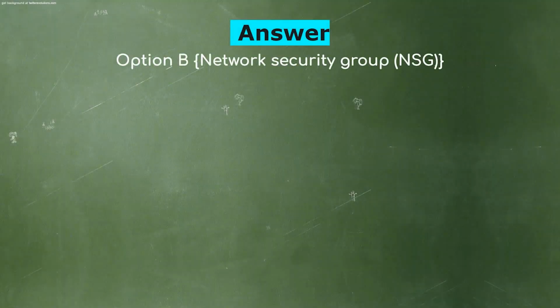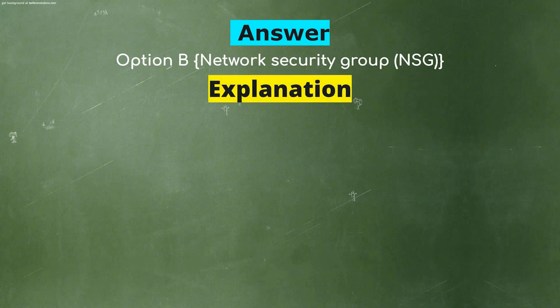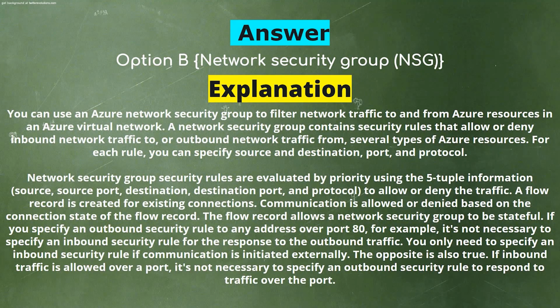Network security group. Explanation. You can use an Azure Network Security Group to filter network traffic to and from Azure resources in an Azure virtual network. A network security group contains security rules that allow or deny inbound network traffic to or outbound network traffic from several types of Azure resources.